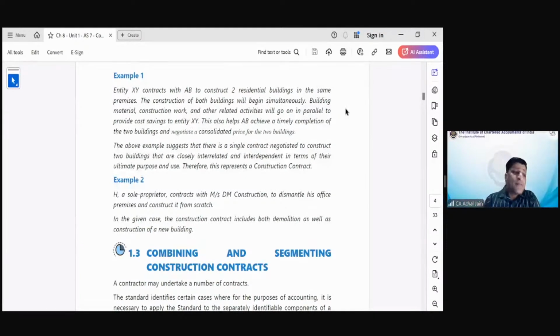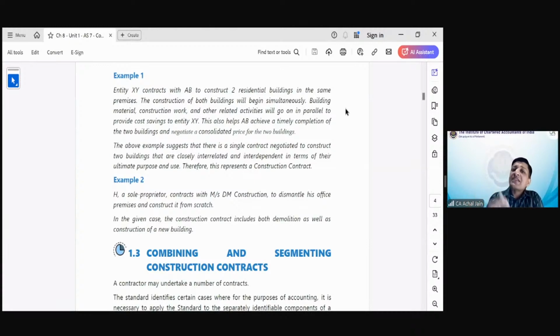Building material, construction work, and other related activities will go on in parallel. Why? Because it will lead to cost savings for the entity XY. This also helps AB to achieve a timely completion of two buildings and negotiate a consolidated price for the two buildings.